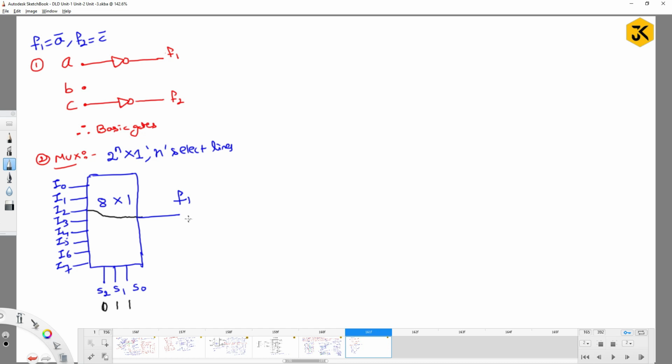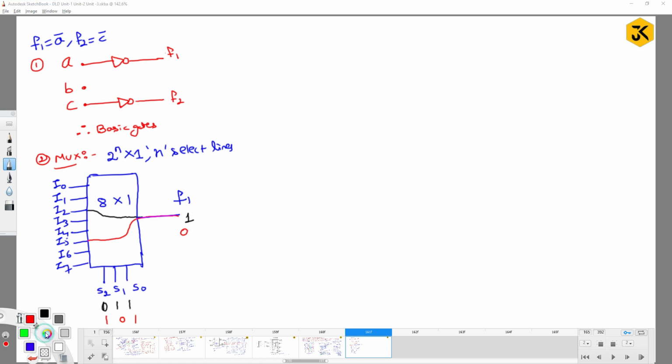Second line means that will be output 1. If you give the input 1, 0, 1, the fifth line is going to be connected, and that is going to produce the output. So for the red color you are going to get 0. This way the function F1 is going to be built.